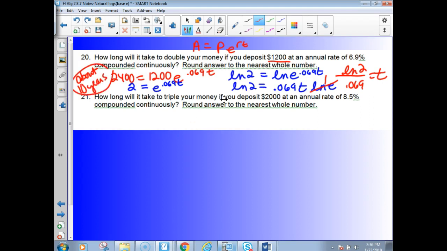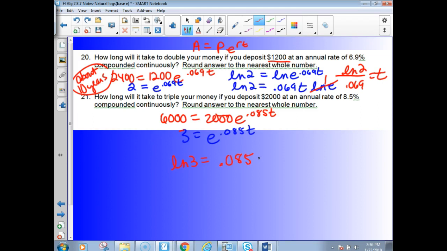How long will it take to triple your money? So what are we going to put instead of tripling $2,000? You could put in the 6,000 equals 2,000 times e to the 0.085t. Or you could just simply say, if I'm going to divide by 2,000, I'm going to get 3. And then I'm going to take the natural log of both sides.